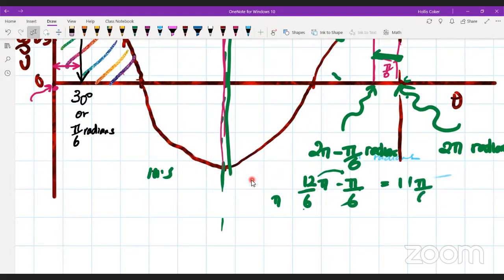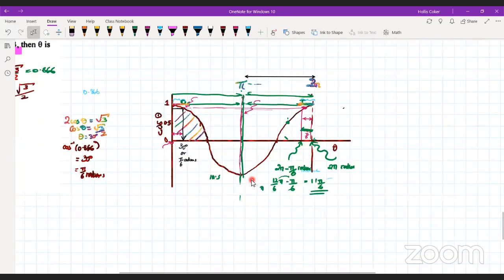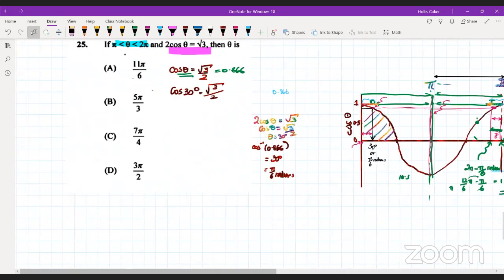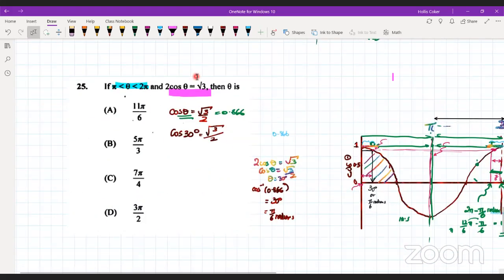So you get 11 pi on 6 radians, and that'll be your answer. Okay. Make sense? Yes, it does. Answer A. Really simple. Make sense? Yes, it does.